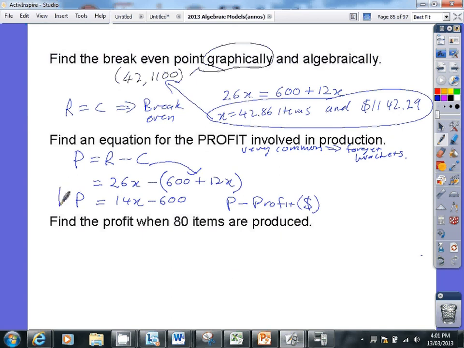So there it is. This last one's quite achievable now. x equals 80 items. It's a straight substitution.